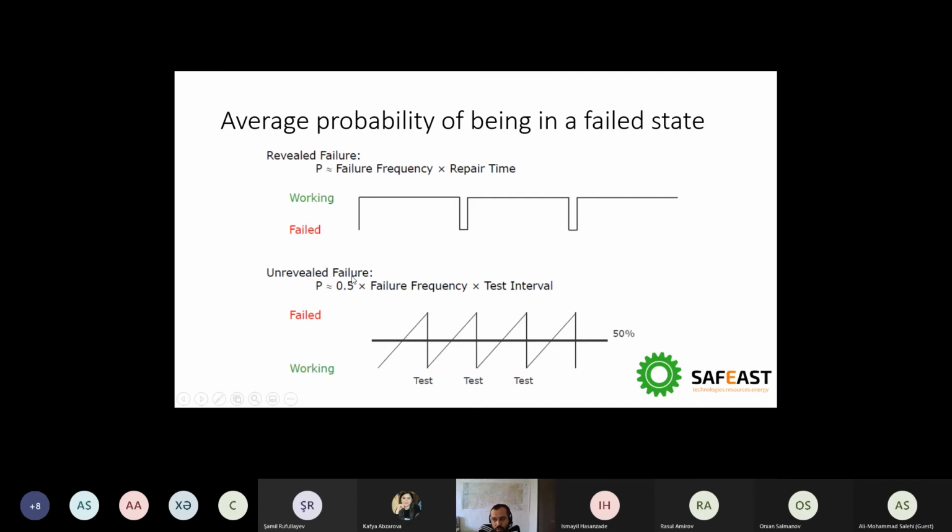So you do 0.5 times failure frequency times test interval, which means that if you test it more frequently, the probability of failure will be less because you can reveal it. If you test it every 3 months, you can reveal it after 3 months. But if you are testing it every 2 years, you can reveal it after 24 months.